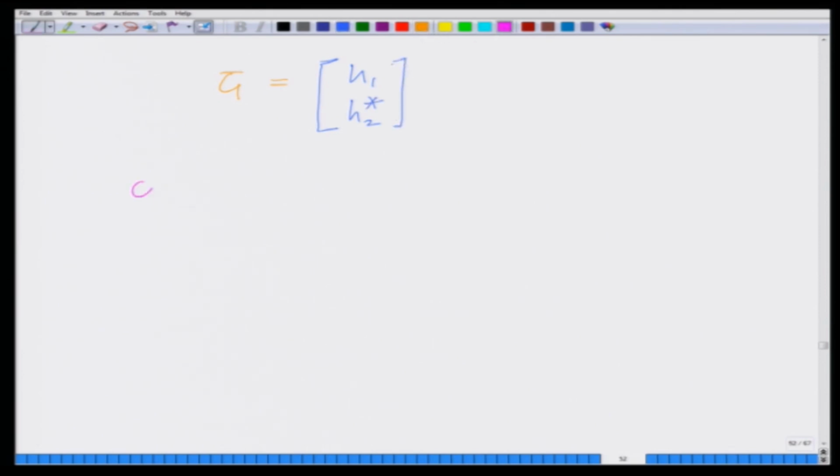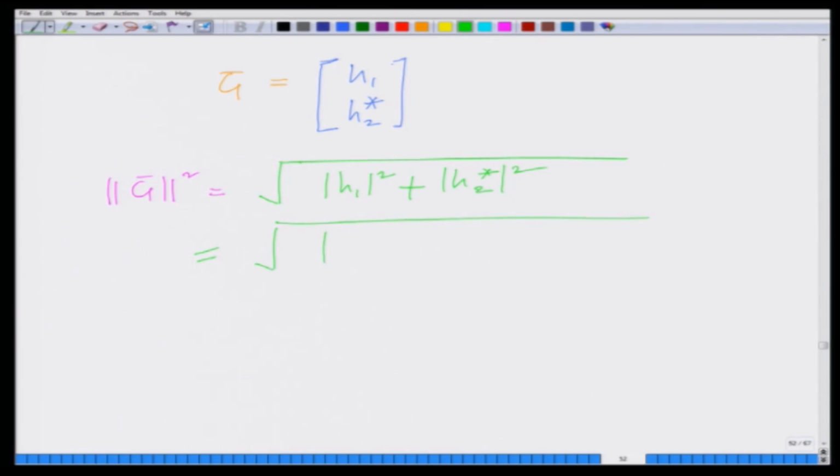Therefore, norm C1 bar square equals magnitude H1 square plus magnitude H2 conjugate square, but magnitude H2 conjugate square is magnitude H2 square. So this is magnitude H1 square plus magnitude H2 square. I am sorry, there is no square root here.